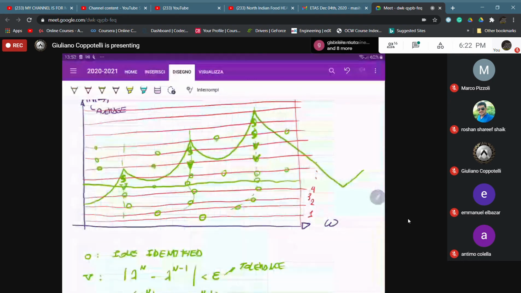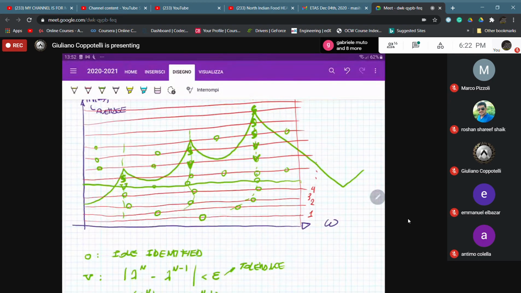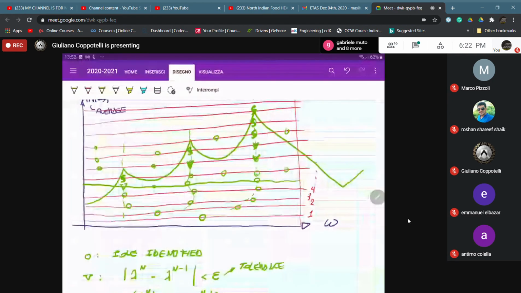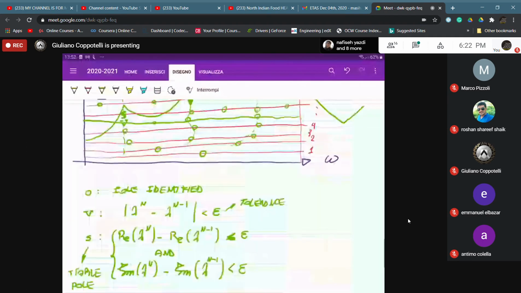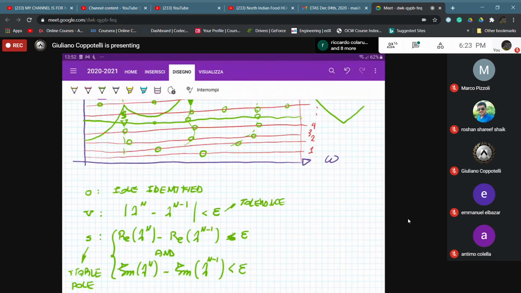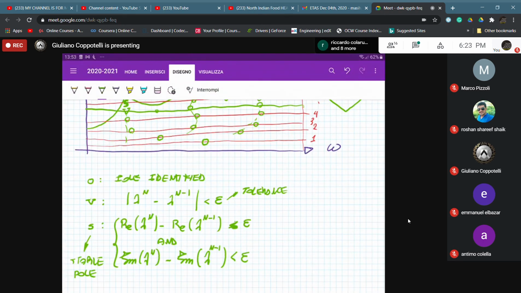Okay. That is telling you that your criteria for which the identified poles are not dependent on the system order is satisfied by using the, let's say, worst condition, that is the more critical one, that is a stable pole. Okay.